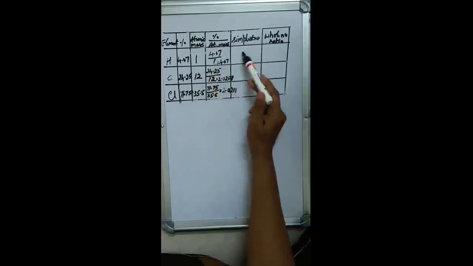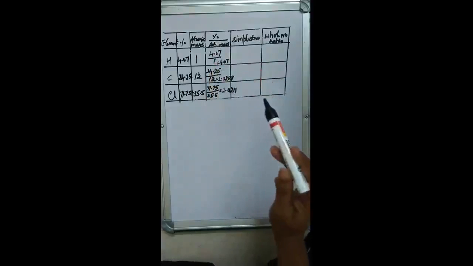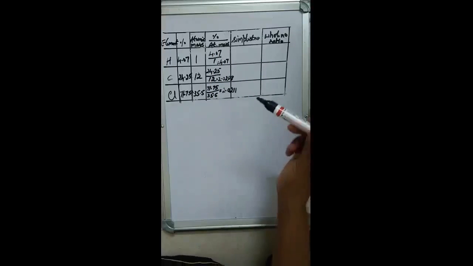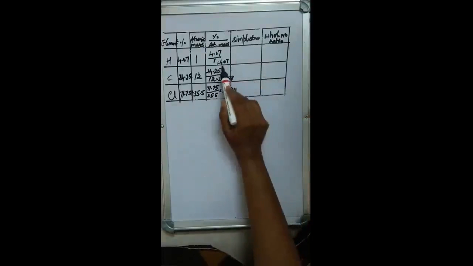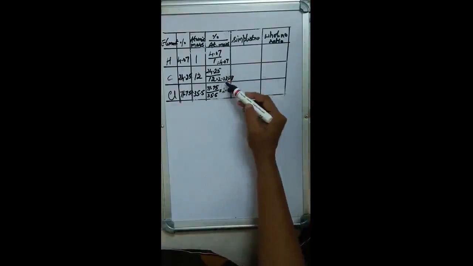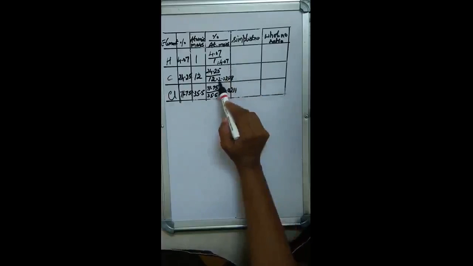Next, the simplest number. Now, what is the meaning of simplest number? See the answers of these three: 4.07, 2.0208, 2.0211. Out of these three, which one is the smallest number?